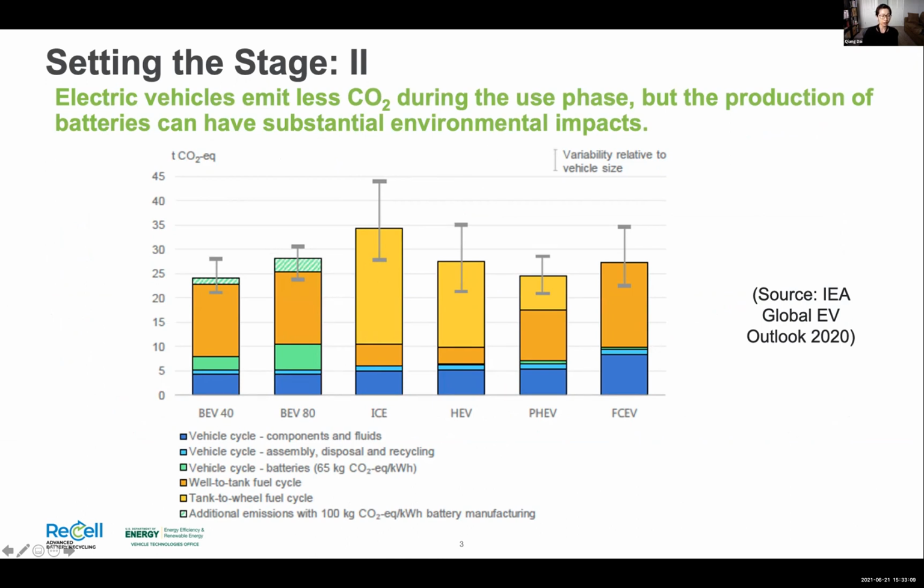However, if we look at the vehicle cycle, shown here by the green bars and blue bars, we can see that if we compare battery electric vehicles to internal combustion engine vehicles, we are actually having higher greenhouse gas emissions from the vehicle cycle. And most of that is coming from batteries.